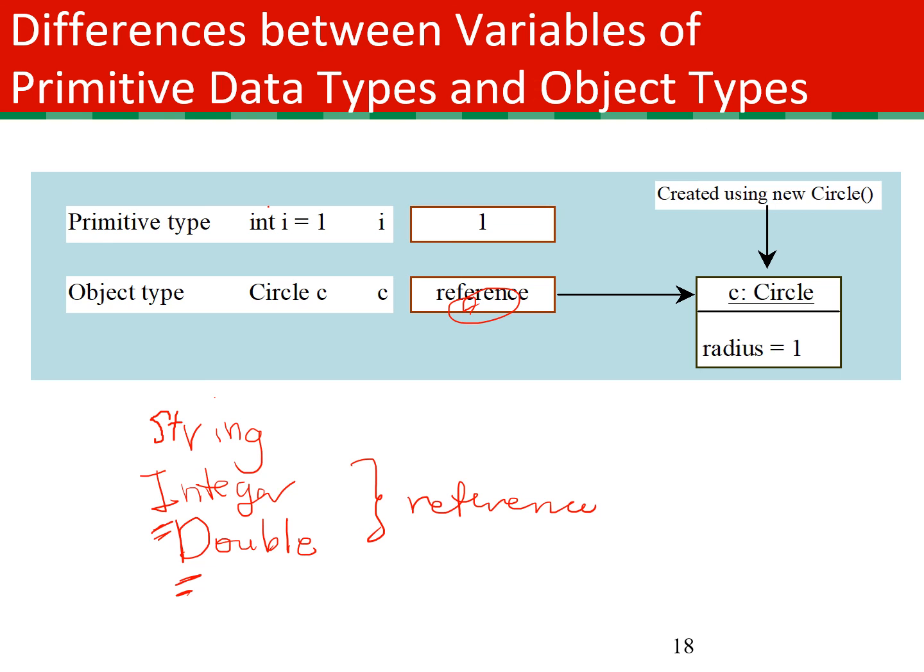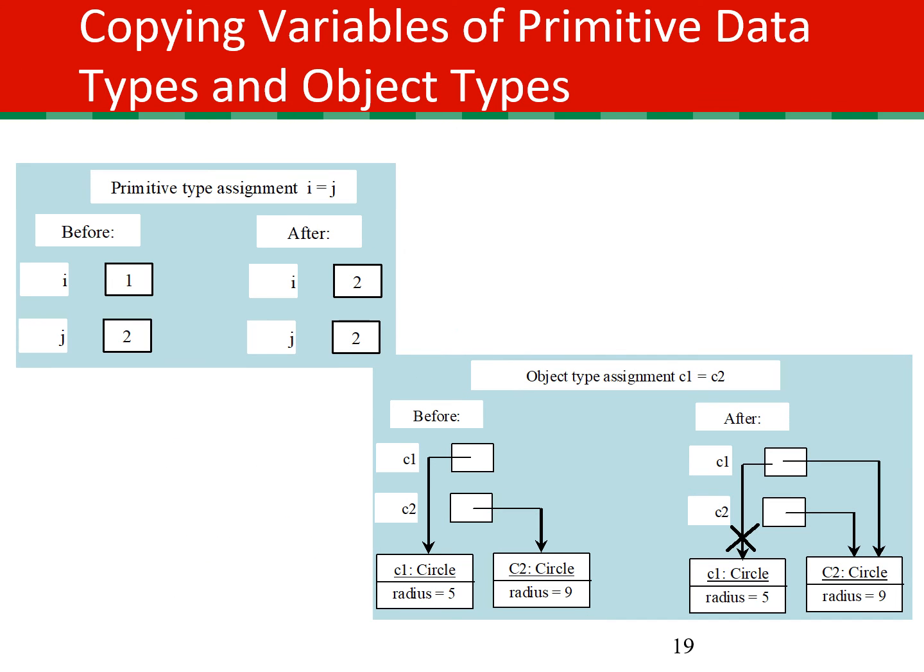Okay, for example, this is a primitive type. We say i equals j. Before this, when you run it, assume i equals 1.